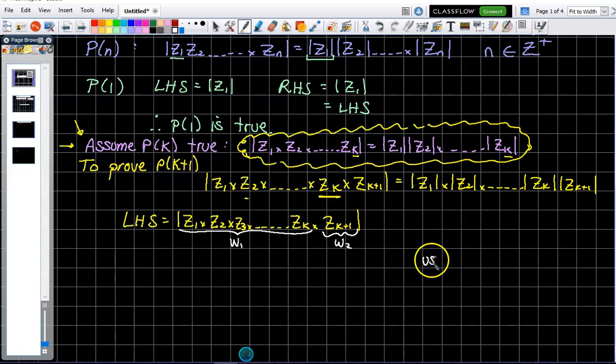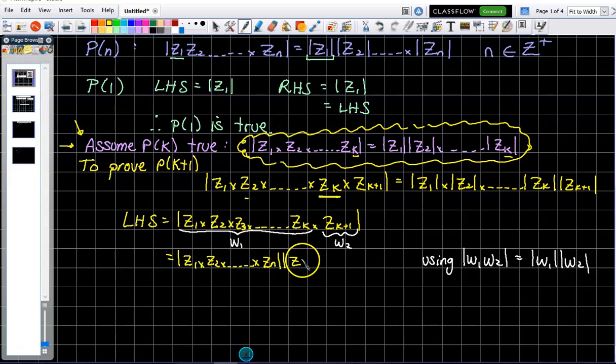And so using our modulus property, the modulus of W1 times W2 equals, what we can now do is separate this and say, well, this becomes Z1 times Z2 times all the way up to Zk times Zk plus 1. Do we agree?